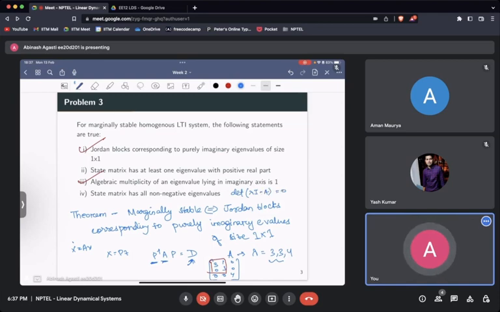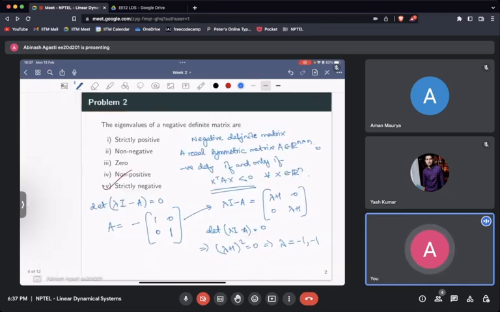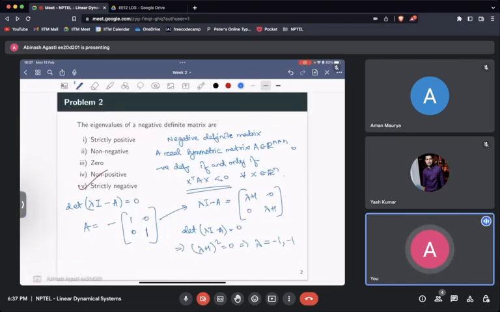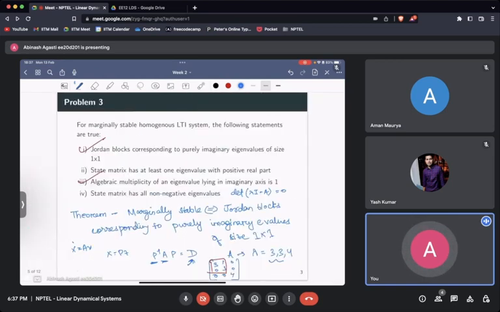Let's take this example. The algebraic multiplicity of the eigenvalue lambda equal to minus 1 is 2. It essentially means the number of times it is repeated as a root in the characteristic polynomial.